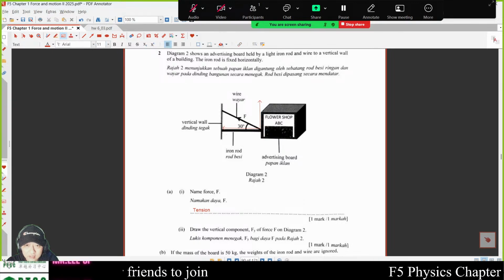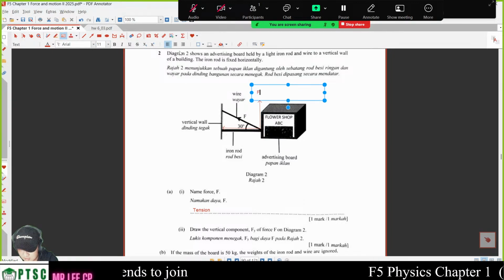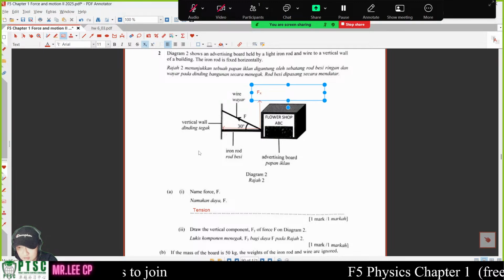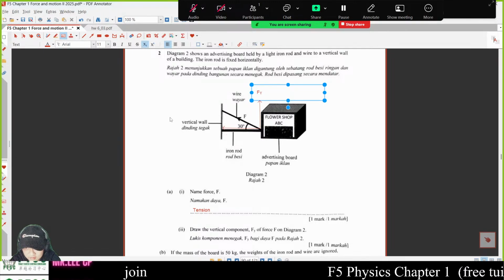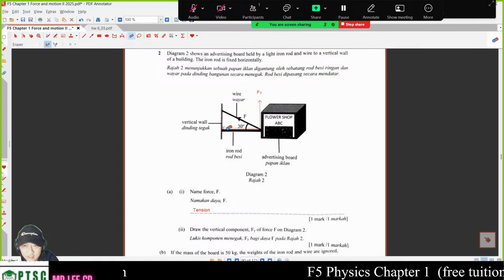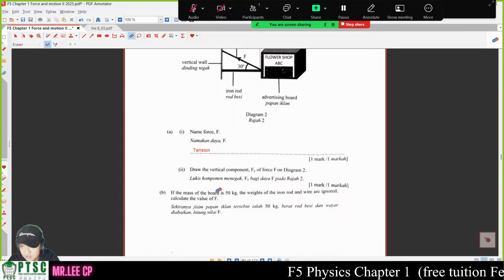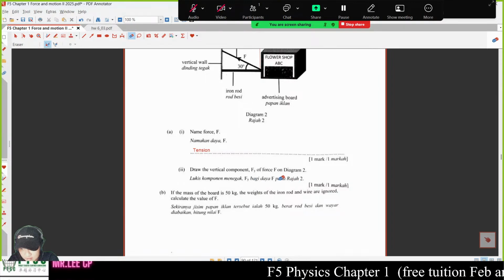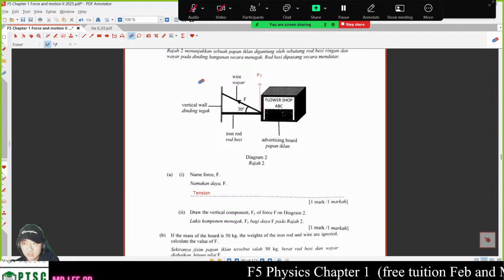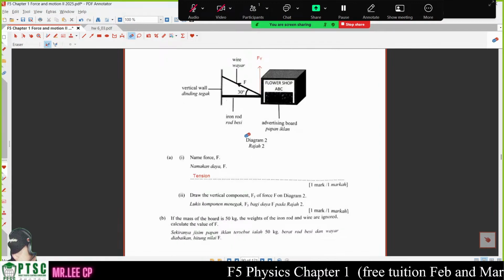The question only asks one, so I draw one only. They said draw Fy. So this force is here, so you are going to pull to here.